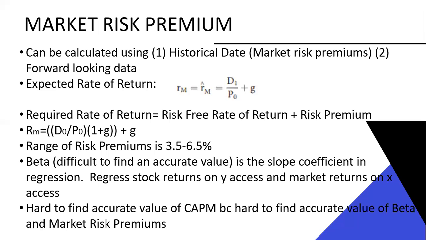The market risk premium can be calculated by using historical data, the market risk premiums in the past, and it also can be calculated by forward-looking data. And if you want to calculate the expected rate of return, the formula for that is right over here. So this is the expected rate of return.